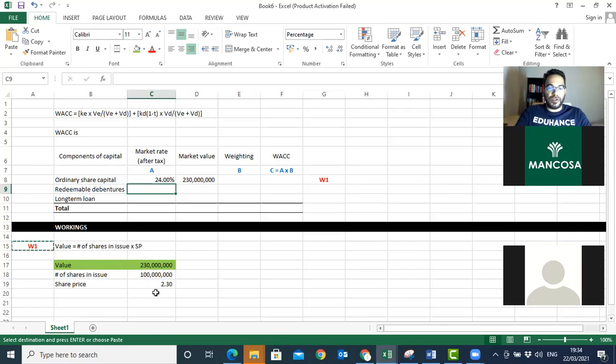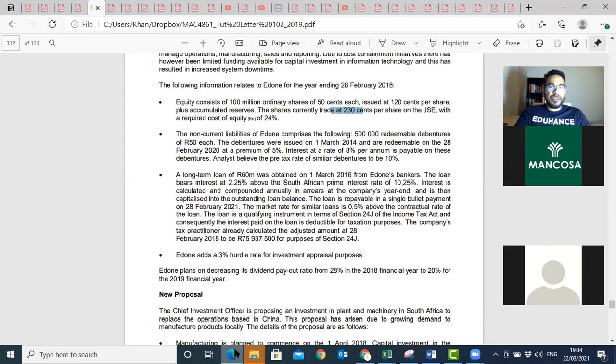So let's move over. So the redeemable preference shares, analysts believe that a similar debenture. When you see the word similar or currently trading, then you must know that is the market number, either market value or market rate. In this case, the market rate, 10%.